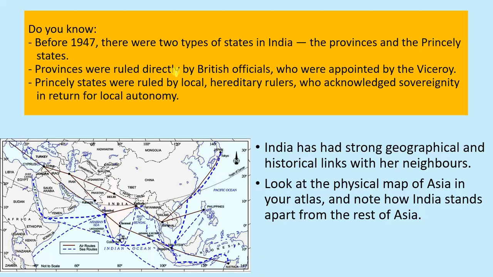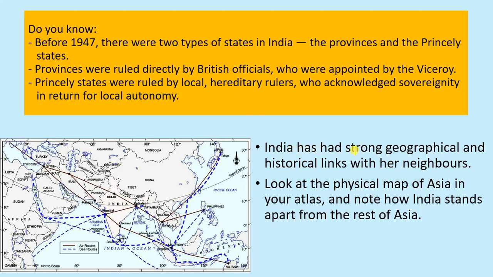Provinces were ruled directly by British officials appointed by the viceroy, and princely states were ruled by local hereditary rulers who acknowledged sovereignty in return for local autonomy.